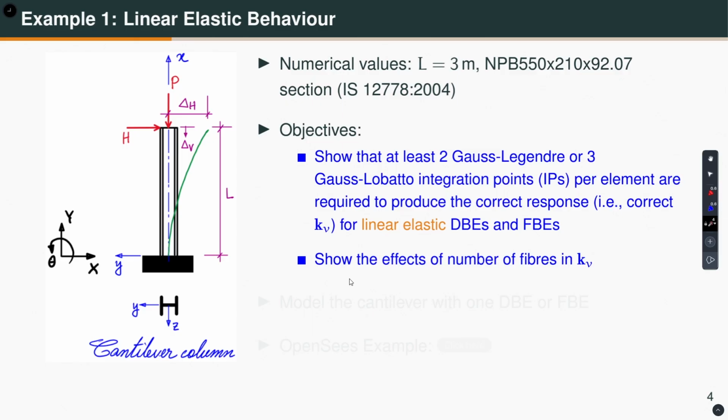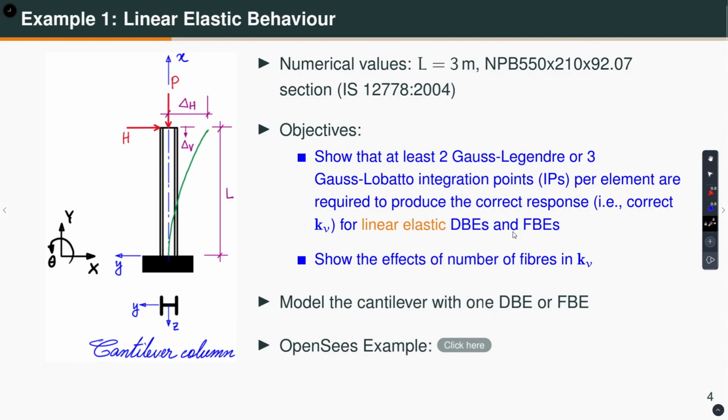We will also see the effects of the number of fibers on kV. When we take this cross section, we will discretize it into a number of fibers and see what happens if we increase or decrease it, what is the effect on kV, that is the basic stiffness matrix.